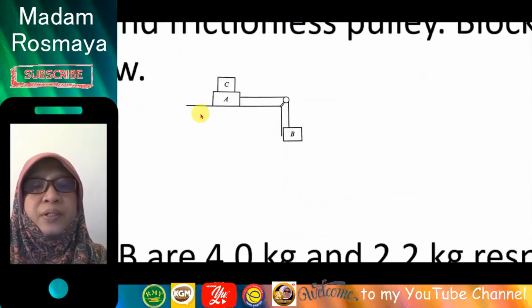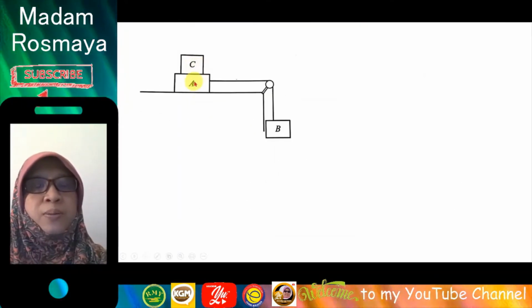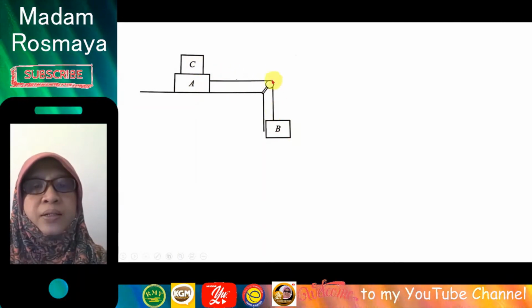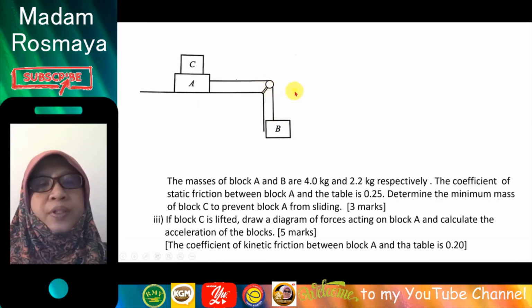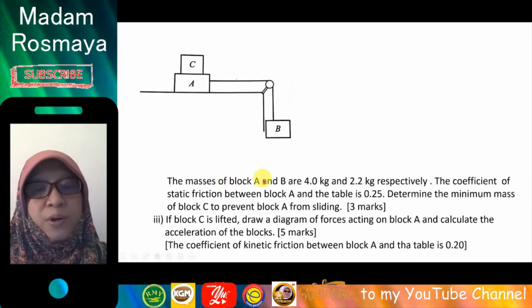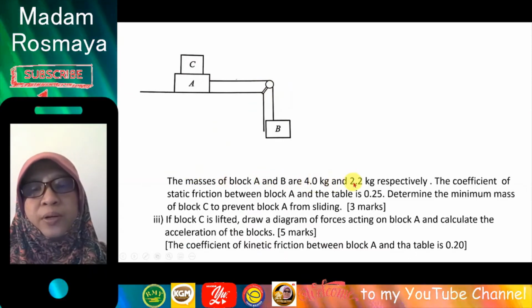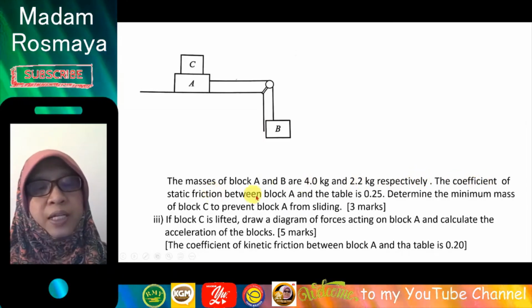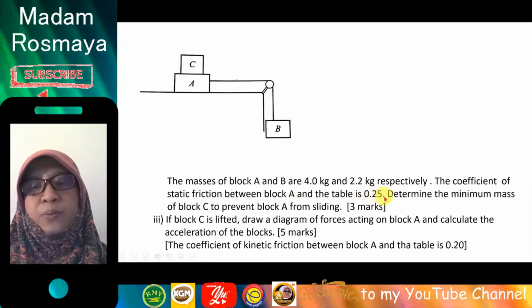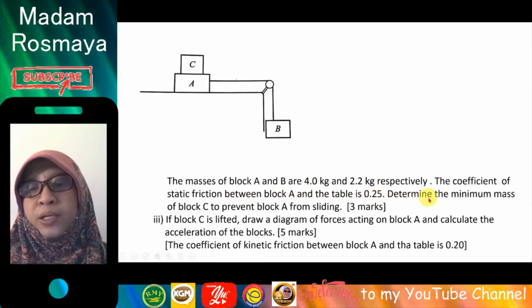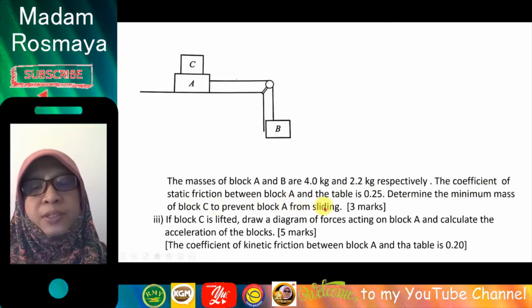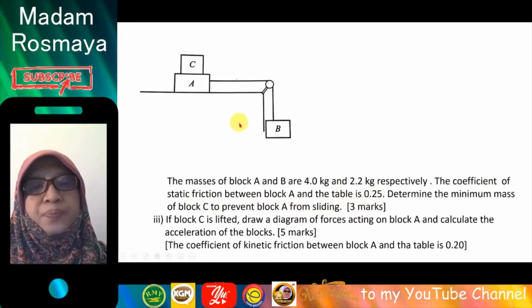This is block B, connected by a string here, and this is the pulley. The masses of block A and B are 4.0 kilogram and 2.2 kilogram respectively. The coefficient of static friction between block A and the table is 0.25. We are going to determine the minimum mass of block C to prevent block A from sliding. 3 marks.